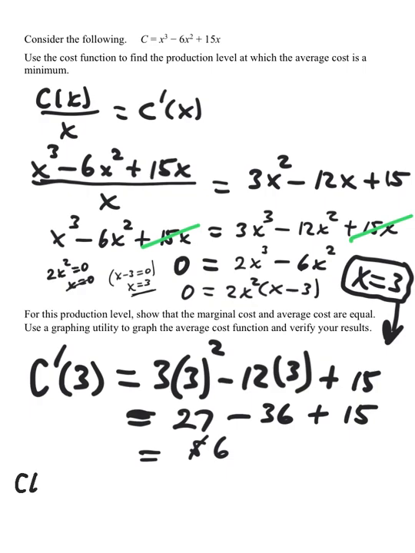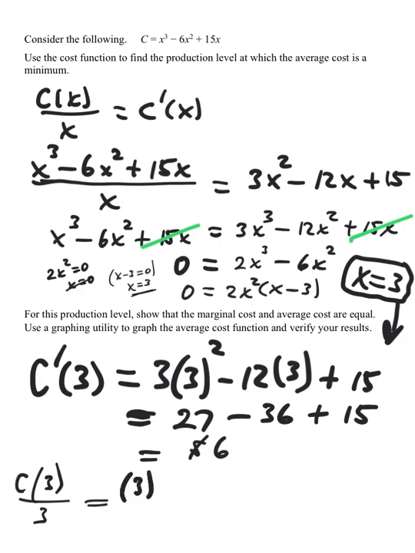Average cost for 3 units is cost of 3 divided by 3. In the original function, the cost function at the very top of your page, if you substitute 3 into that cost function, you should get 18.